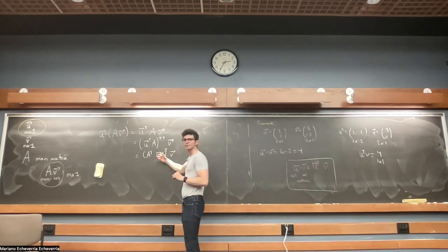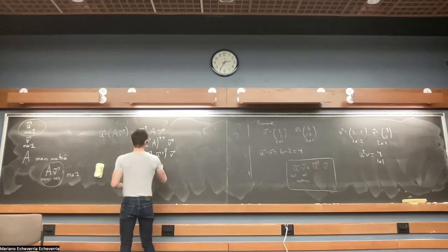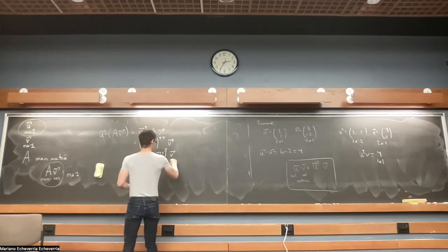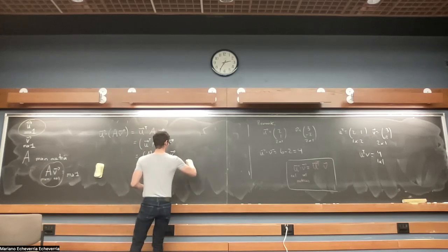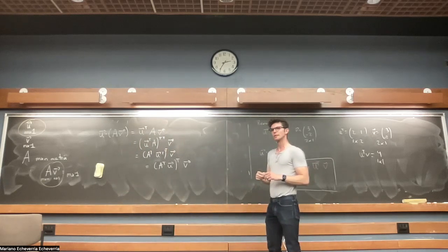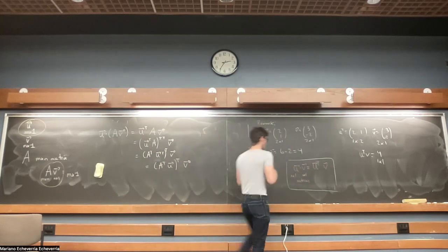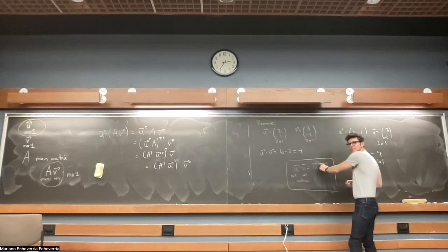So the transpose of U transpose is just U, right? So ignore this. This is something transpose times V. But something transpose times V is a dot product, right?